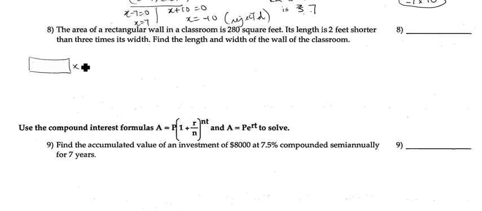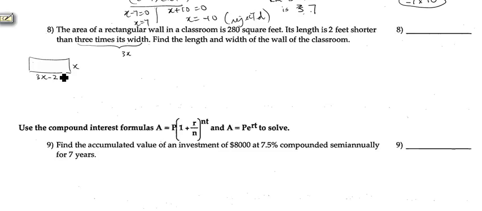The length is 2 feet shorter than 3 times its width. If I let width be x, 3 times x will be 3x. And now it's 2 feet shorter than 3x. So what does that mean? 3x minus 2.